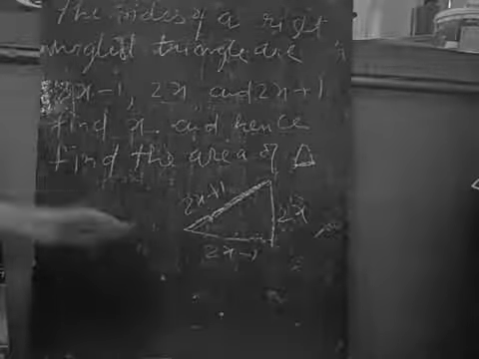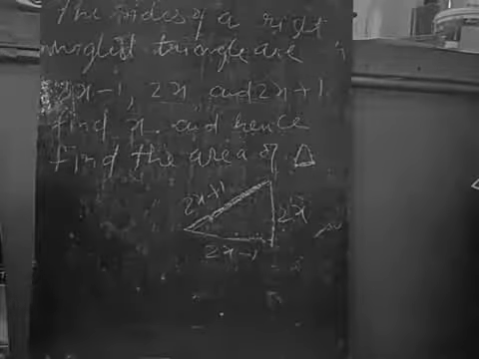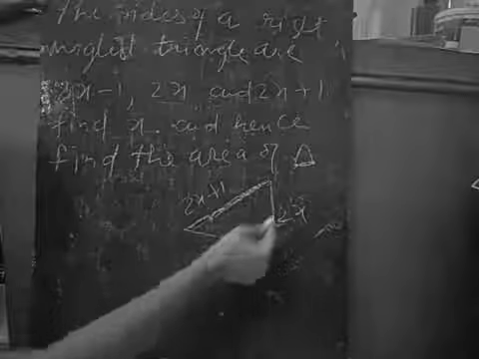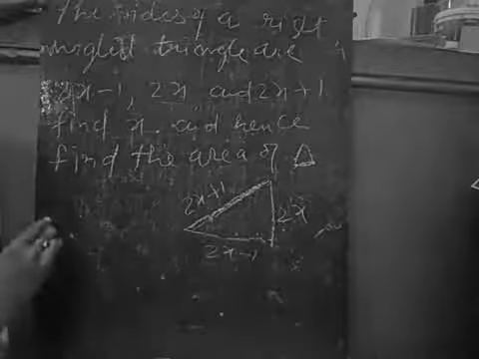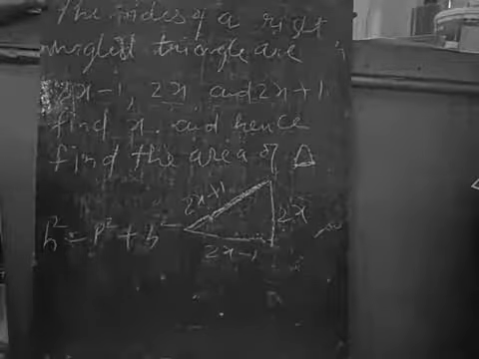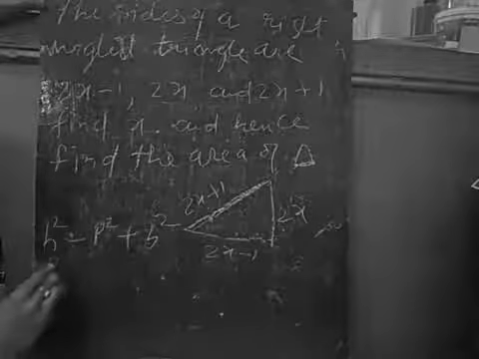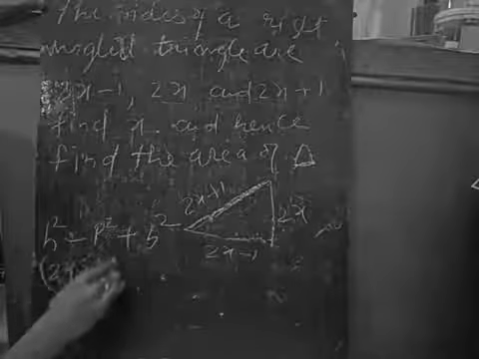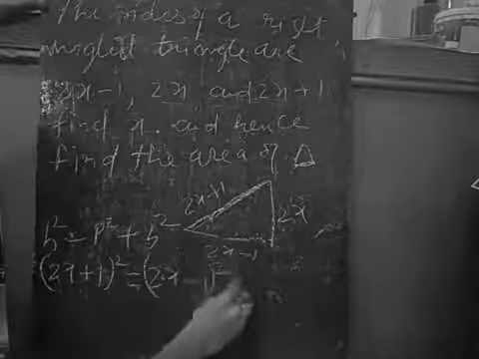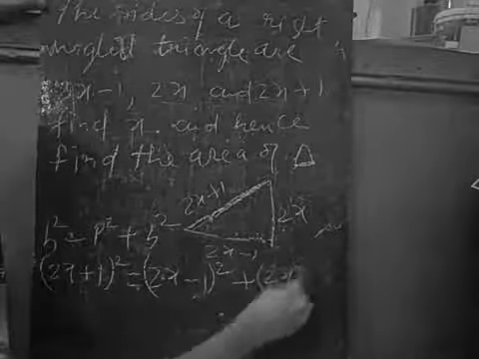Now we can apply the Pythagoras theorem here. The Pythagoras theorem says hypotenuse square equals perpendicular square plus base square. So (2x plus 1) whole square equals (2x minus 1) whole square plus (2x) square.